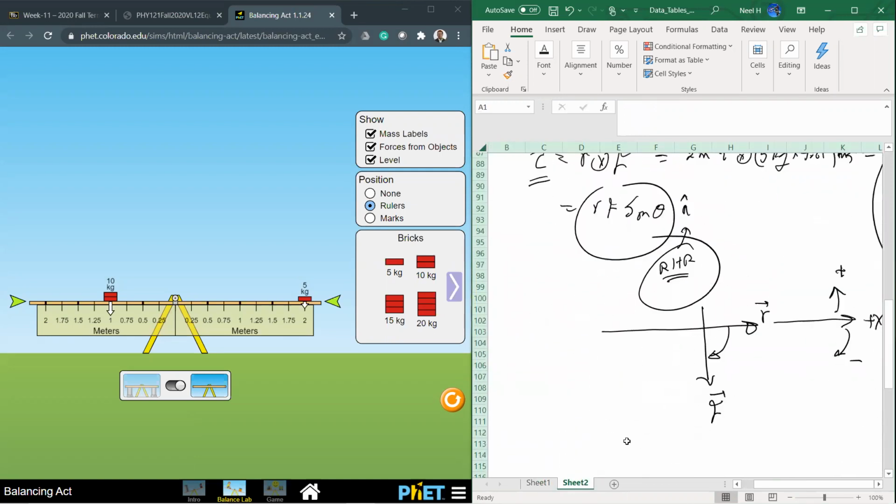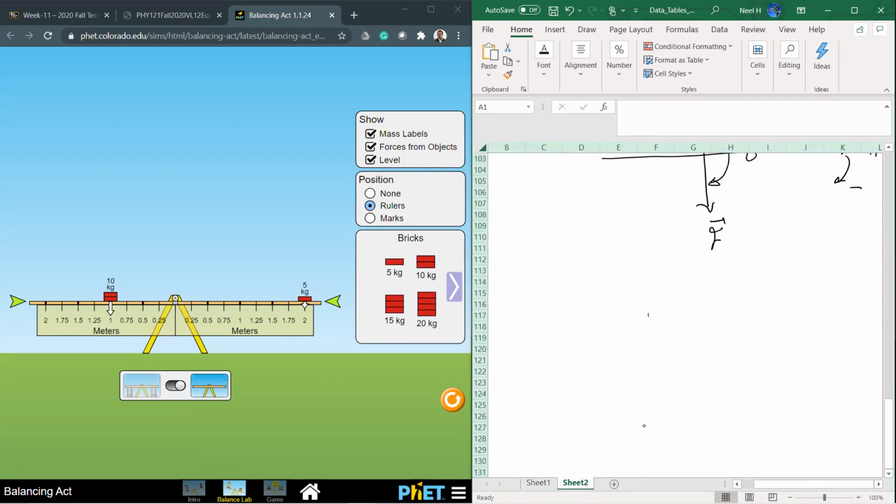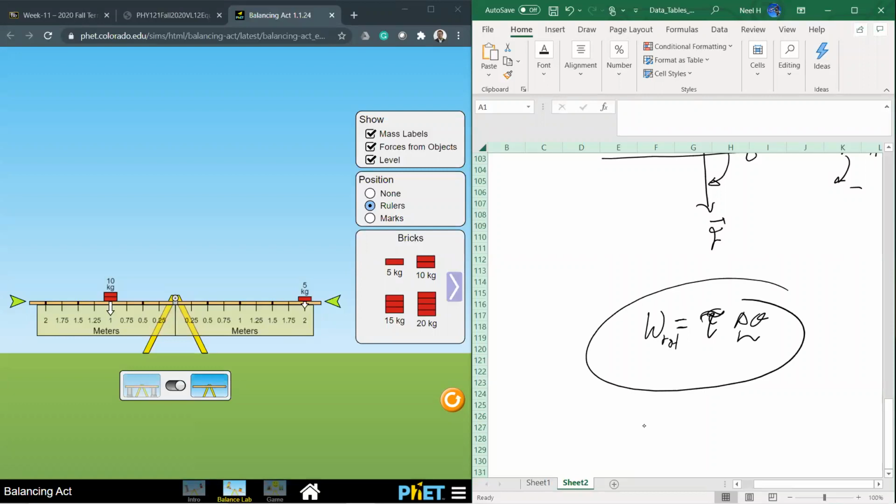That means the rotational version of the work done. I don't know whether it's covered by now. It should be covered by now. The rotational version of the work done is actually torque times the delta theta. Delta theta doesn't have an SI unit, that is radians. If you are calculating that, then you can put the unit joules, when your object is really rotating, okay?